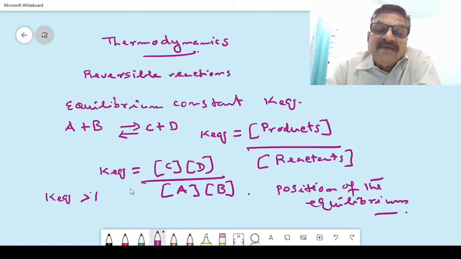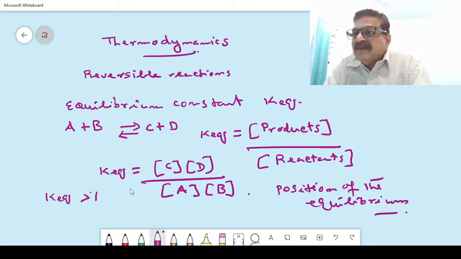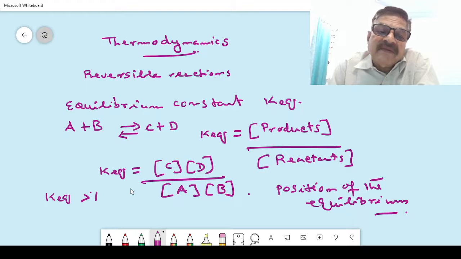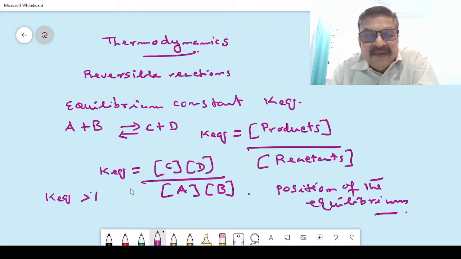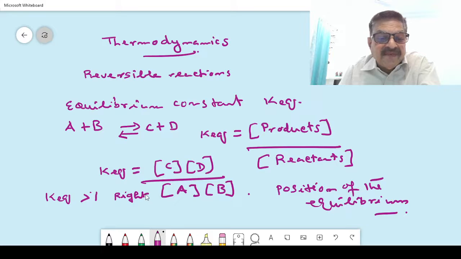The concentration of CD, the products, is more compared to the concentration of the reactant, the starting material. Therefore, the equilibrium favors the formation of the products. Therefore, the equilibrium lies to the right. We call it equilibrium lies to the right when KEQ is greater than 1.